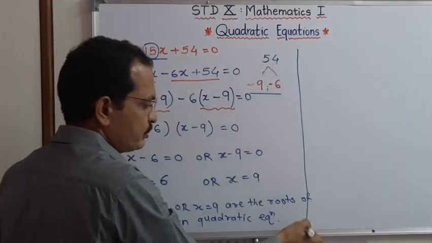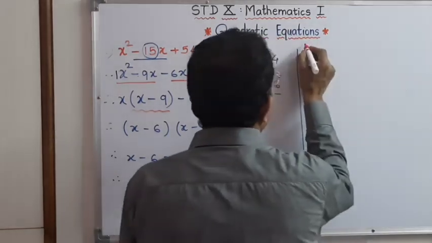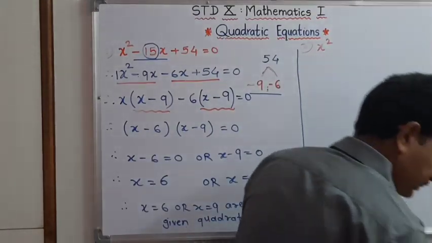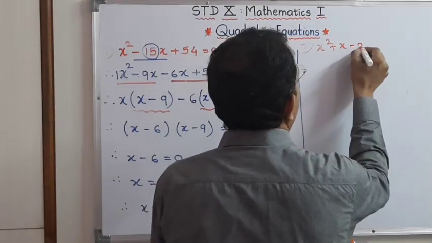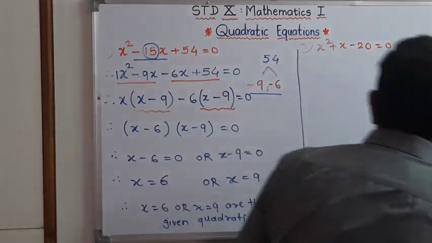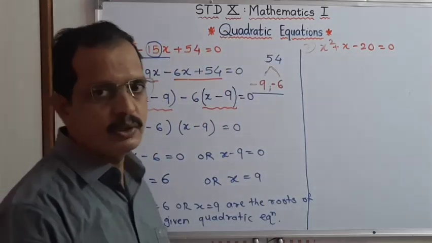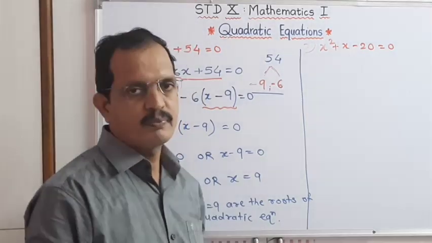The next sum is x square plus x minus 20 equal to 0. Now dear student, see here, x square plus x minus 20 equal to 0.